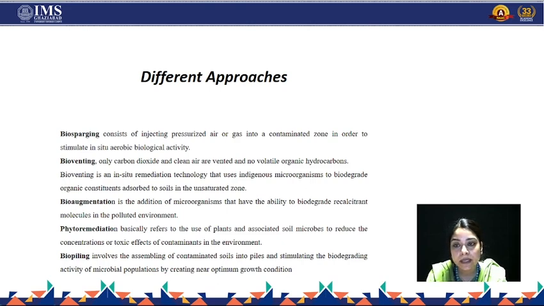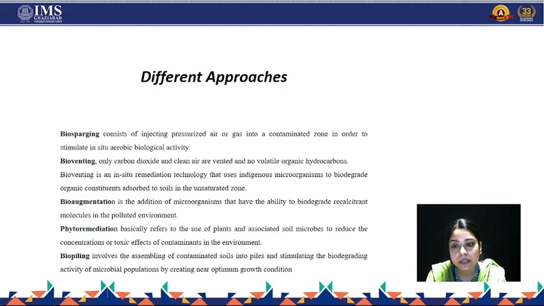Similarly, bioventing is also a type of in situ bioremediation process, in which we utilize the indigenous microorganisms. Basically, the growth of indigenous microorganisms is enhanced in this process to biodegrade the organic pollutants present in the soil or in the unsaturated zone.